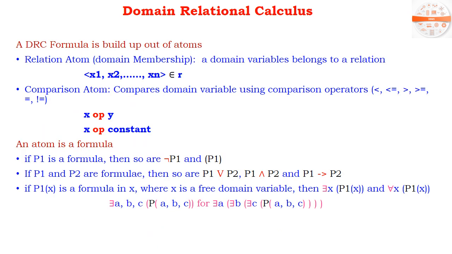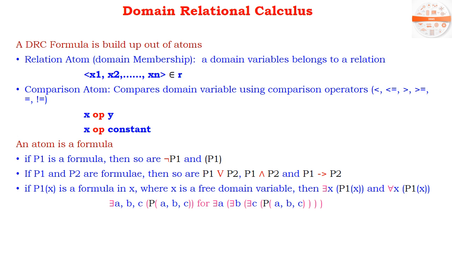A DRC formula is built up out of atoms. The relational atom, that is the domain membership. It means the domain variable belongs to the relation. For example, on the left side x1, x2 till xn belongs to the relation R. And the next one is the comparison atom.